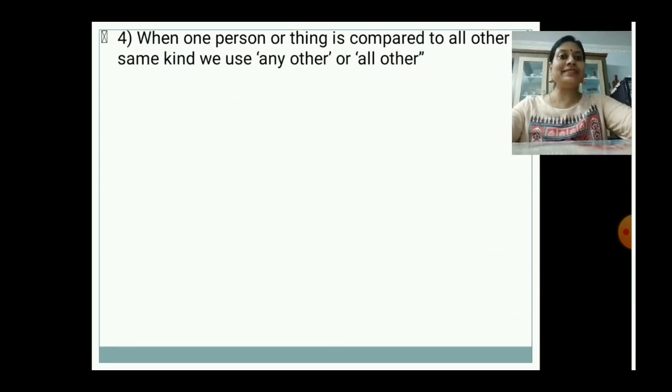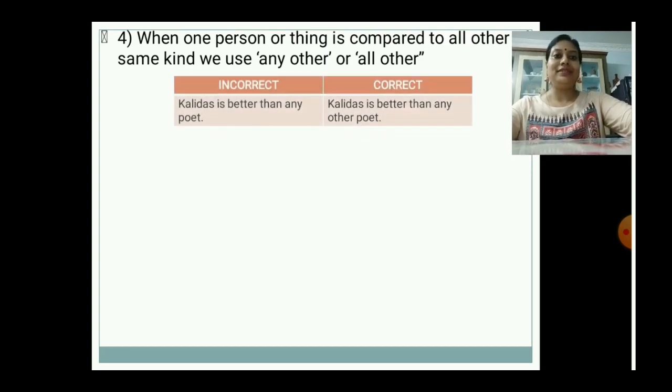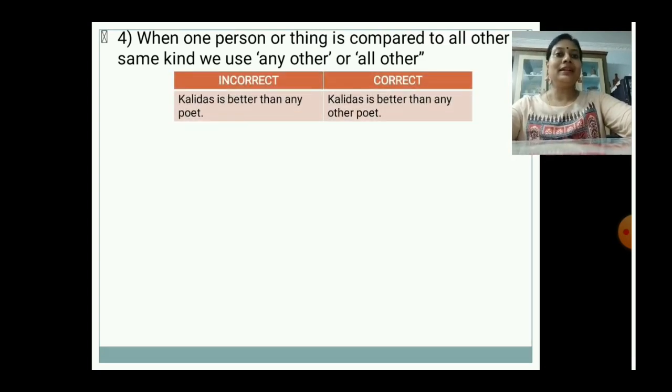When one person or thing is compared to all others of the same kind, we use any other or all other. For example, Kalidas is better than any poet. So the correct way of writing this sentence is Kalidas is better than any other poet.